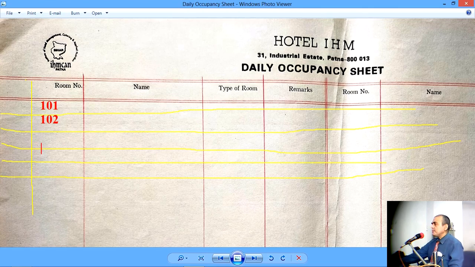Third room 103, and the fourth room 104, fifth room 105. We could also add symbols, like in the advance letting chart, as to whether the room is single or double or triple, quadruple. So we could add various symbols here, and the name of course could be written here.